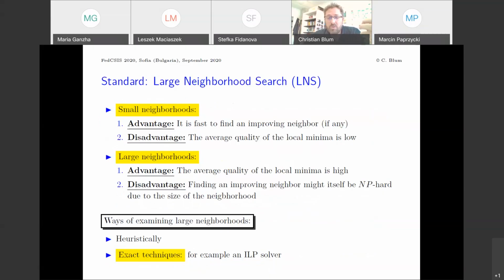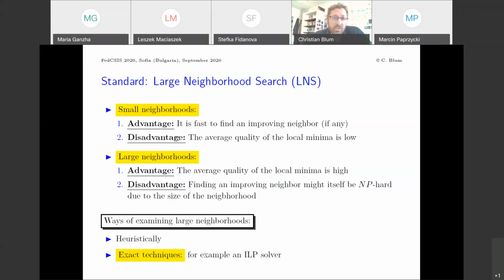So you have a solution, you generate a neighborhood, and you move in each step to one of the neighbors of the current solution. When I use neighborhoods that are small, this means every solution has only a few neighbors, and the advantage is that it's fast to find an improving neighbor because I just have to look at very few neighboring solutions.